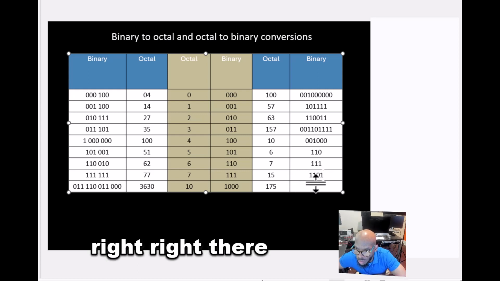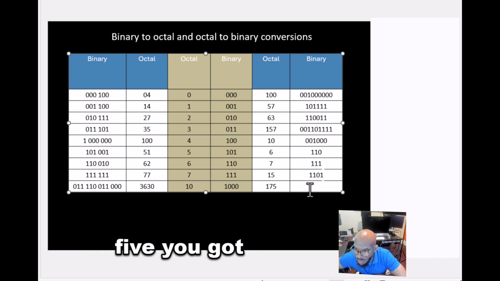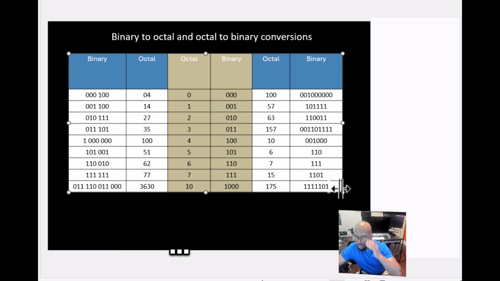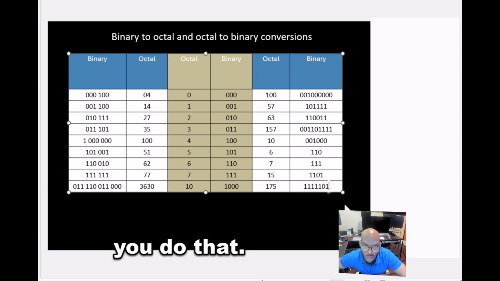So 175, you got a 1, then you got 111, then you got 101. Okay, so that's how you do that.